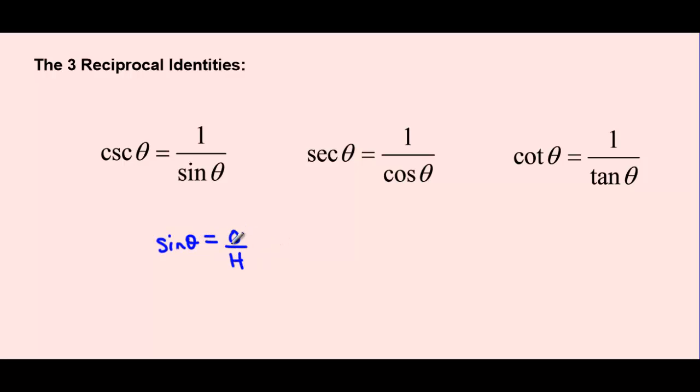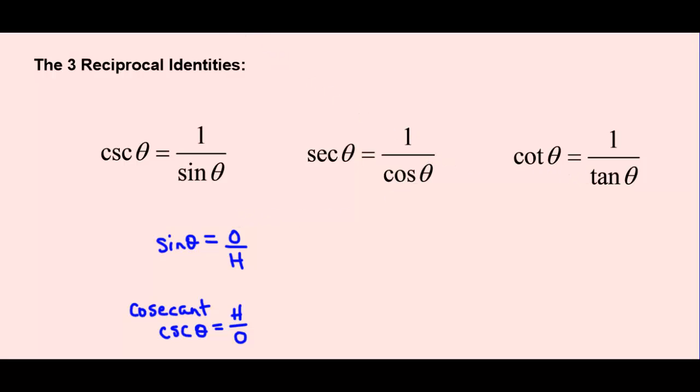If we take the reciprocal, hypotenuse over the opposite side, we get a different ratio that's called the cosecant ratio. So the cosecant ratio, which we short form to CSC theta, equals the hypotenuse over the opposite side. It's just the reciprocal. And so the reciprocal identity associated with this is that the cosecant of any angle theta is equal to 1 over the sine of that same angle theta.